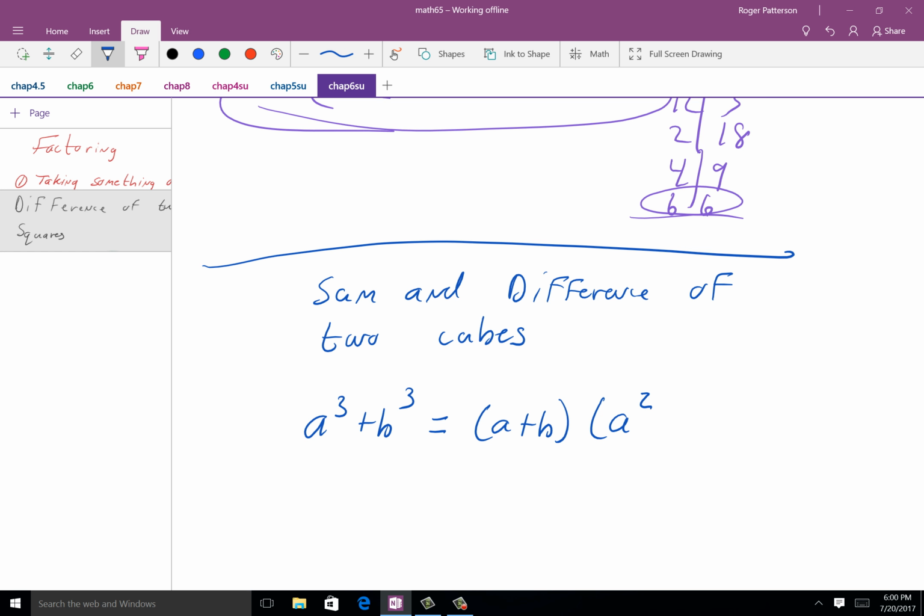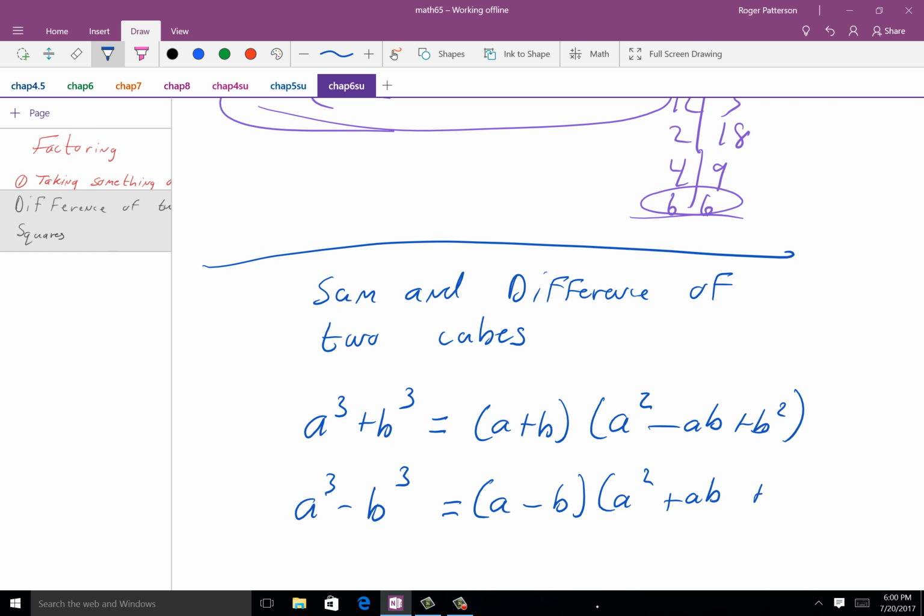But I will write it out for you here. And again, this isn't something I'm going to test or quiz you on. Okay, so those are the formulas for it.